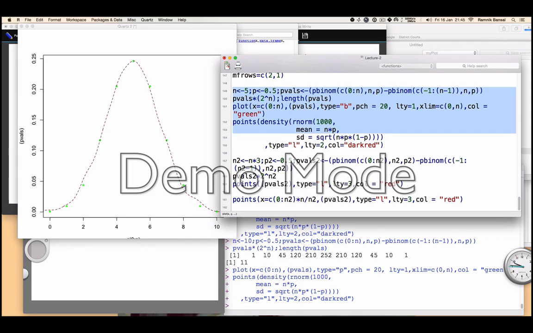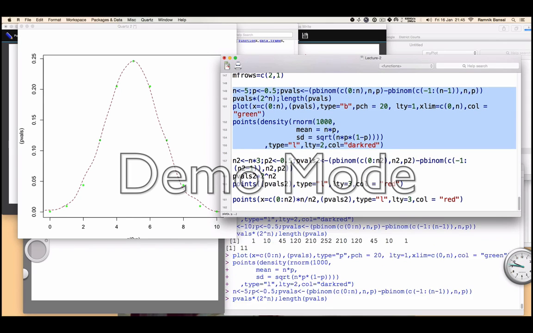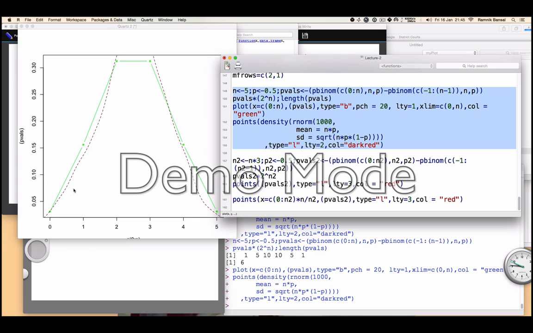So I take this and we'll plot this. This is how we get it. With large values of n, for sure we're getting a very neat curve here. So this is for n equal to 5.